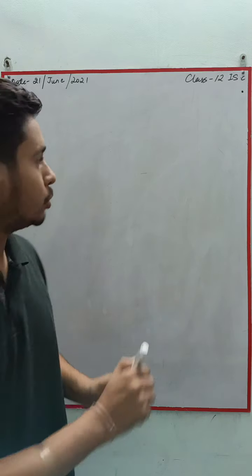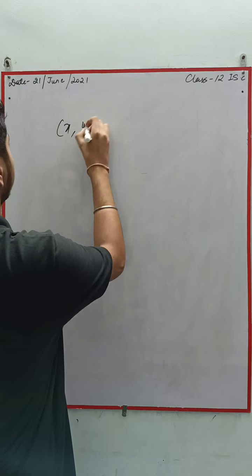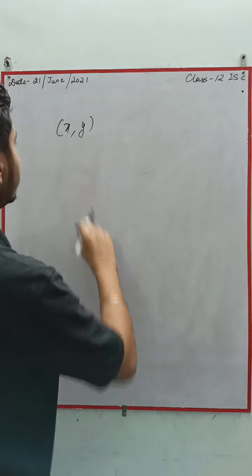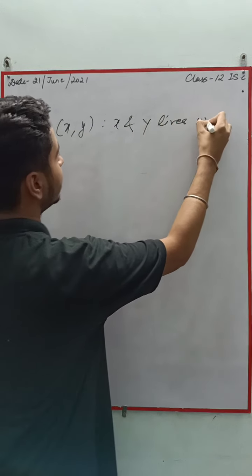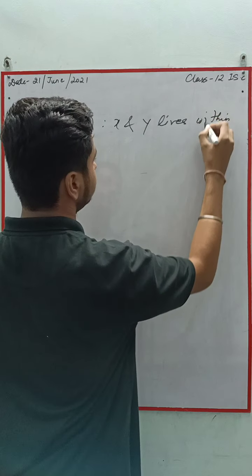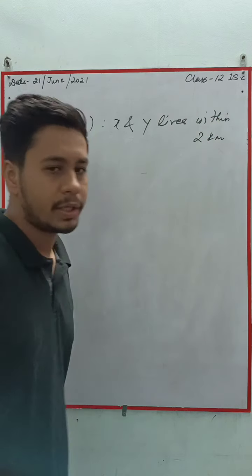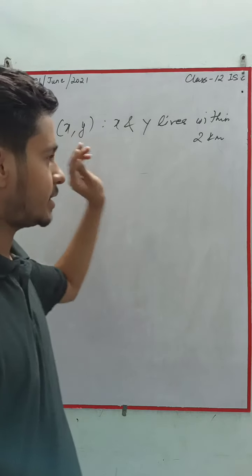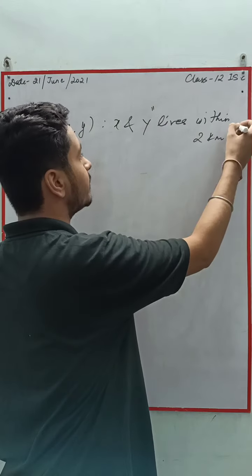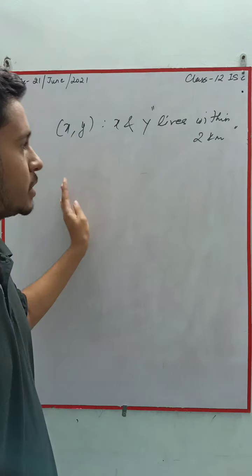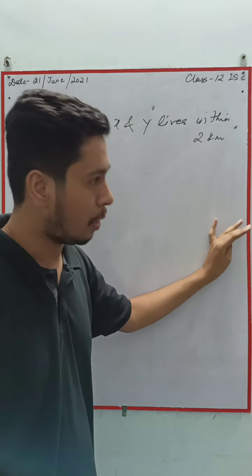So there are two persons, where x and y live within 2 kilometers. We need to check whether this relation is reflexive, symmetric, and transitive or not.